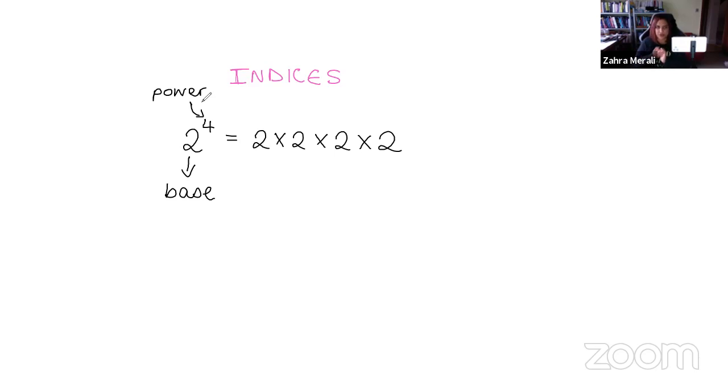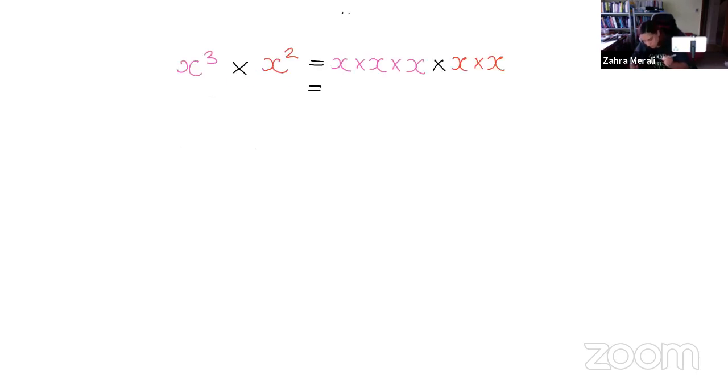So the first 3 rules are super straightforward. You'll have seen them before. It's for multiplying, dividing, and when we do things to the power. So first, let's take the most straightforward one, when we have 2 values which we are multiplying together.